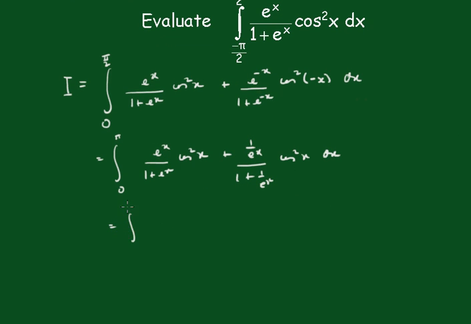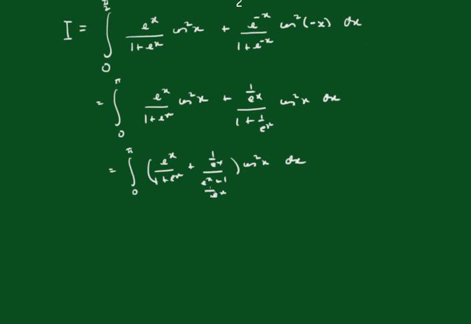And that's equal to the integral between pi upon 2 and 0 of e to the x over 1 plus e to the x plus 1 on e to the x over e to the x plus 1 on e to the x, cos squared x dx.